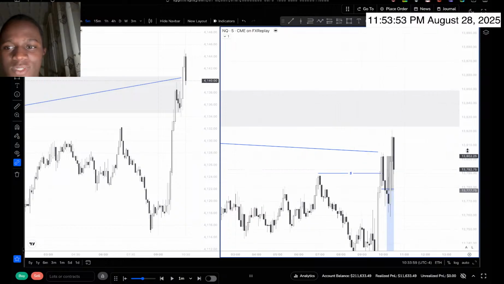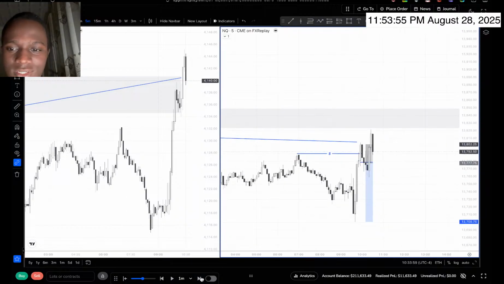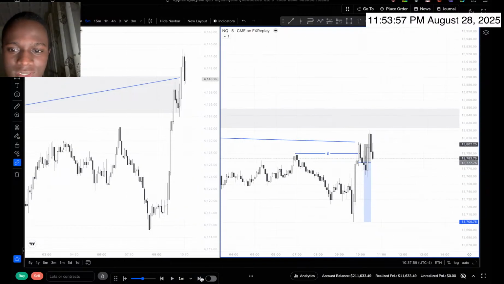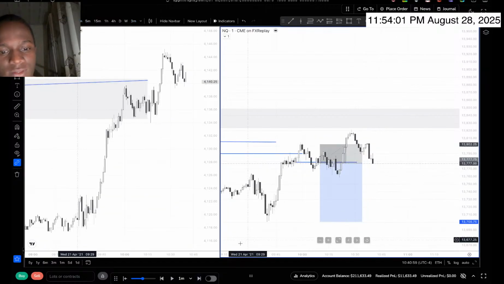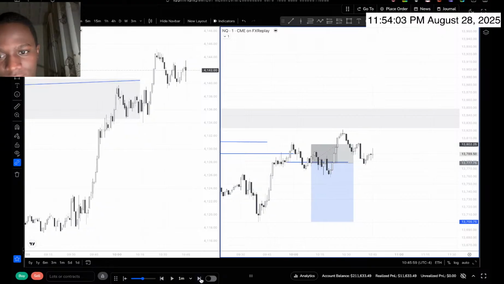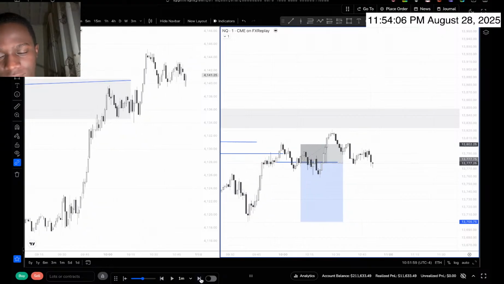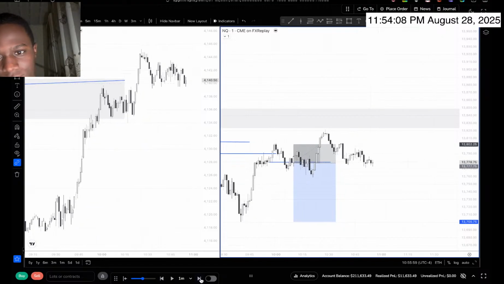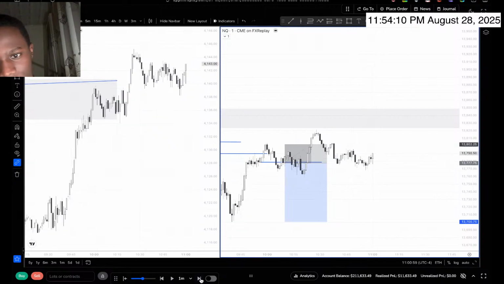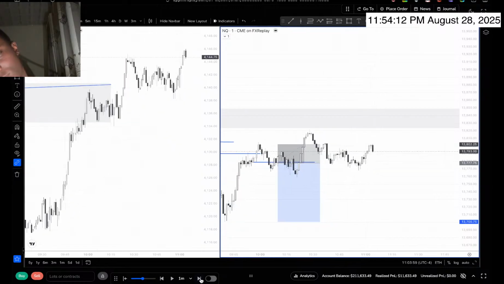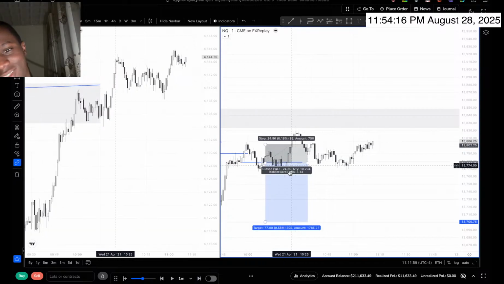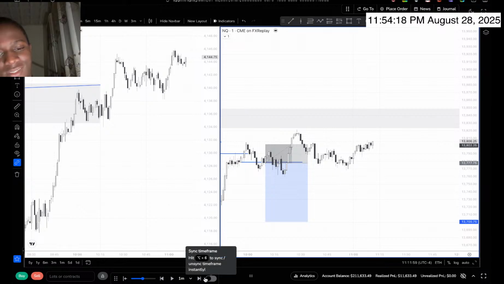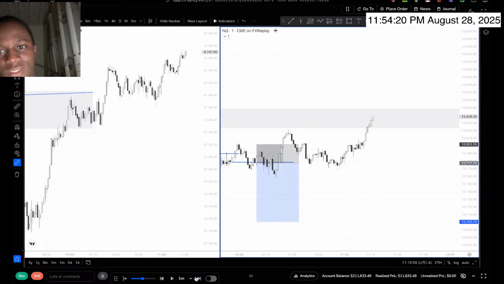My confidence has been shattered to pieces, man. Honestly, this morning session was shit. Look at this. Let's touch the gap.